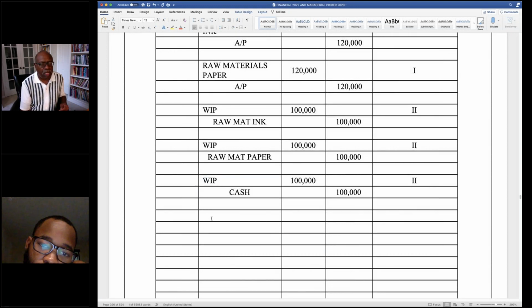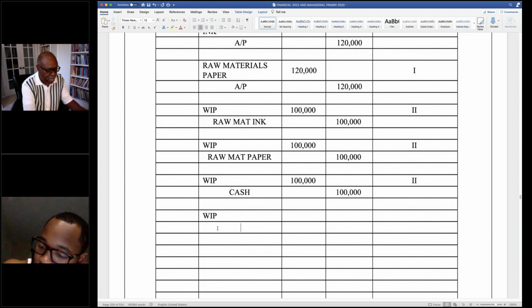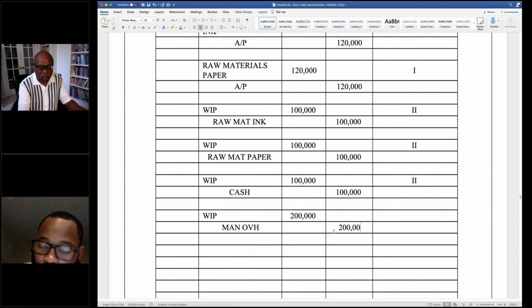So we're going to debit work in process once again, and credit manufacturing overhead. Still in stage 2.